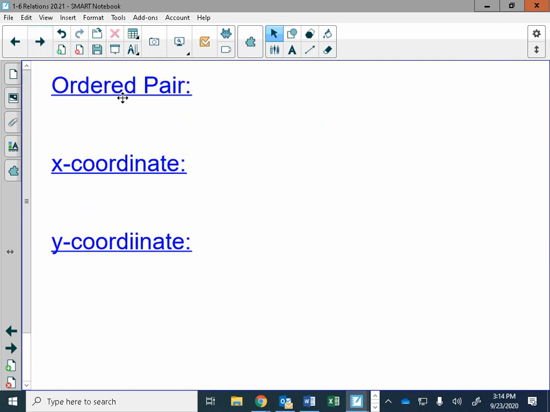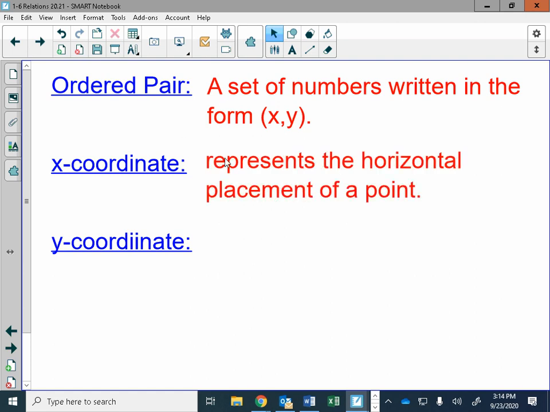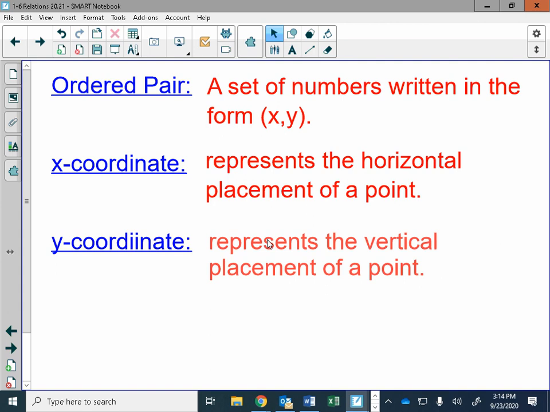An ordered pair is a set of numbers written in the form x, y. The x-coordinate represents the horizontal placement of a point on the coordinate plane. The y-coordinate represents the vertical placement of a point on a coordinate plane.